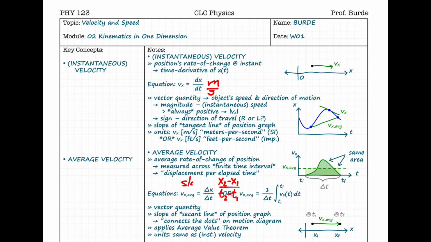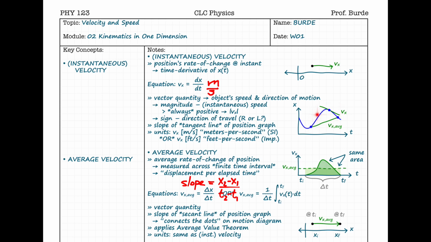This is a slope. That's the slope equation. And in fact, our average velocity is a slope on a position versus time graph. It's not the slope of a tangent line, but it's the slope between these 2 points, t1, x1 and t2, x2. It's the slope of the secant line. The slope of a secant line on the position graph shows you the average velocity between these 2 points.